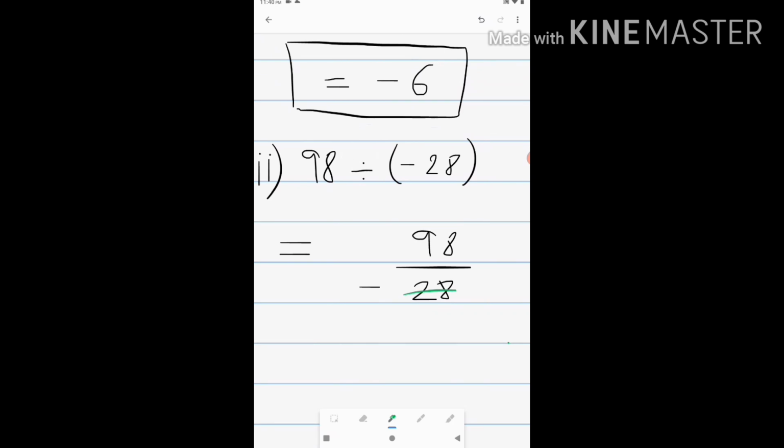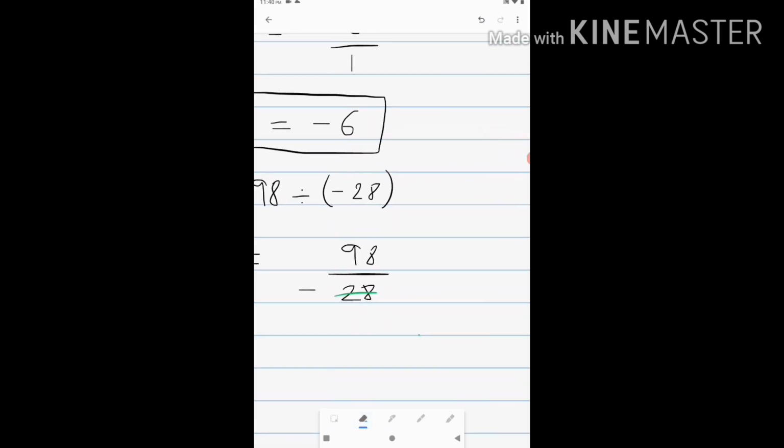So 2 1s are 2, 2 4s are 8. Okay, let me write it here so that it becomes easy for you to understand. 2 1s are 2 and 2 4s are 8. I'll cancel the numerator. 2, again 9 is there, so I will take a smaller number as 8.